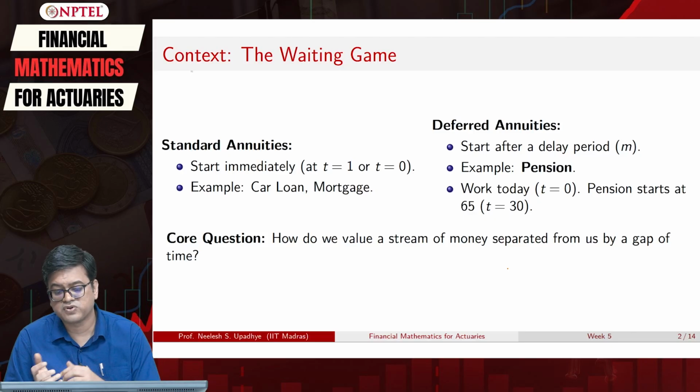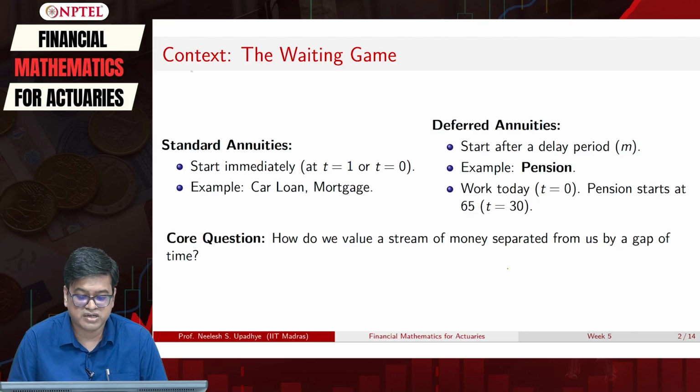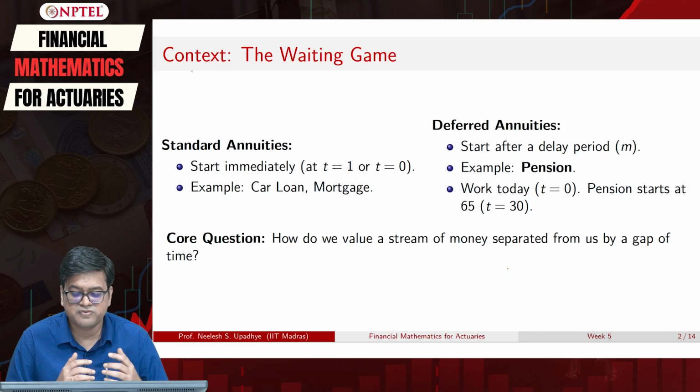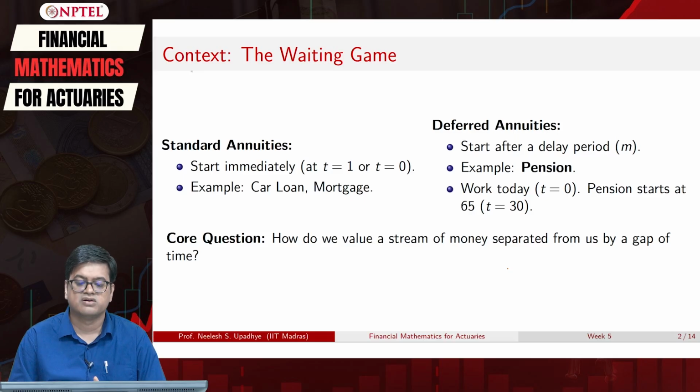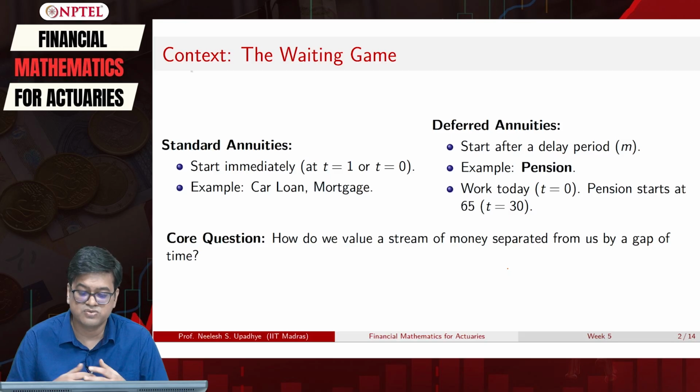Now, let us focus on one new aspect where, if we invest, we do not want to get the money right away. We will defer the payment. For example, with an educational loan, you defer the payment, right. It does not start immediately after taking the loan.